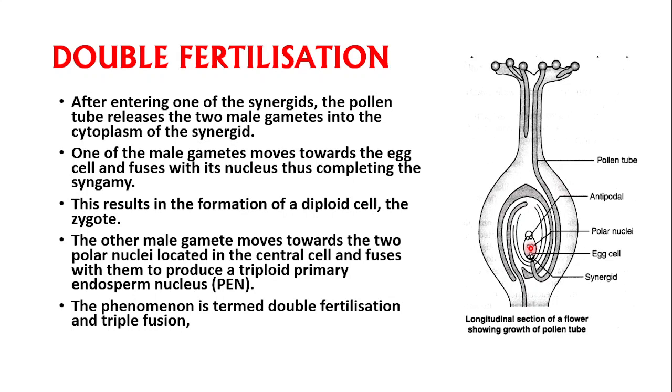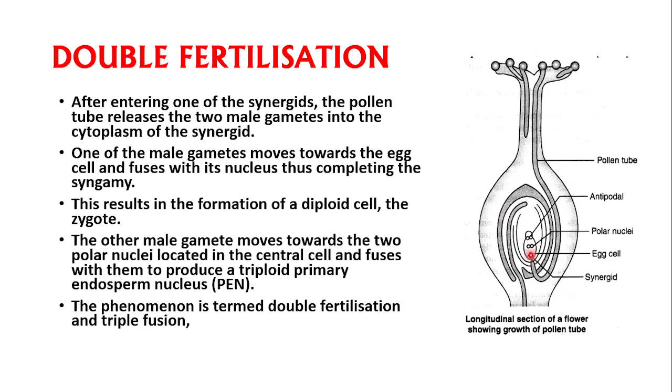By means of double fertilization and triple fusion, what structures have been produced here? First, the zygote is produced by means of syngamy, or fertilization. Second, the primary endosperm nucleus will be produced, and this will lead to the formation of endosperm. A very important point here is that the primary endosperm nucleus is triploid in nature.